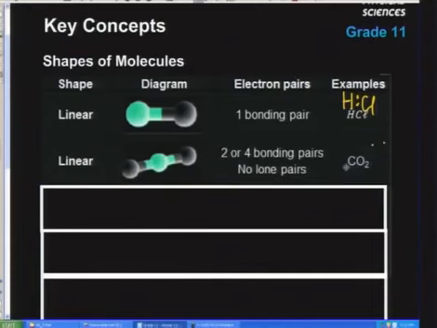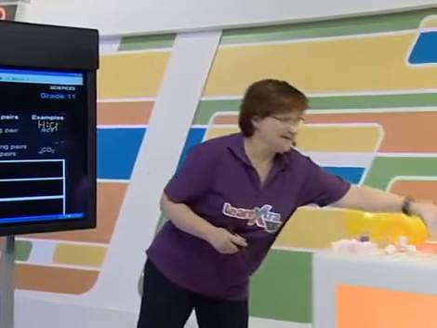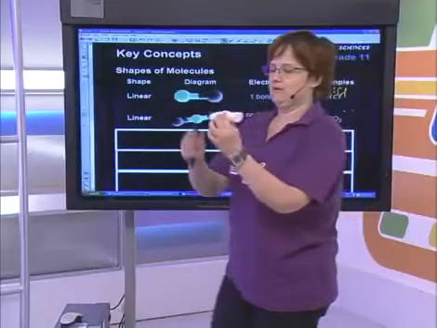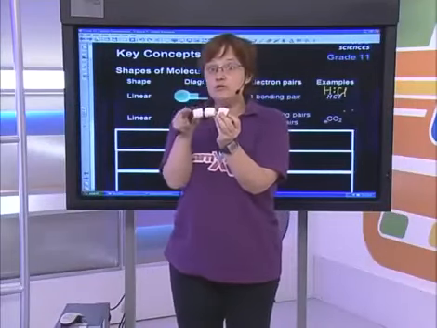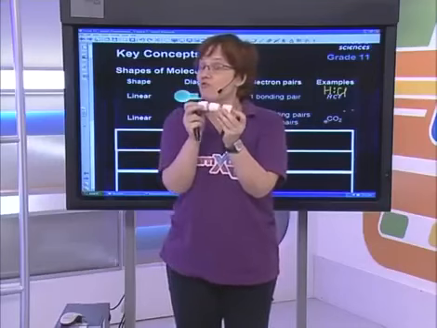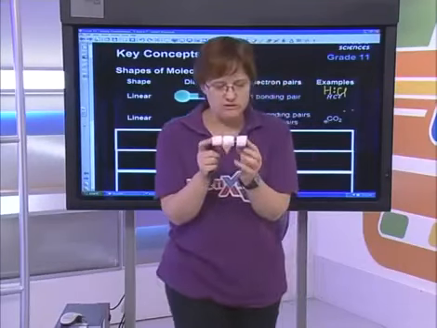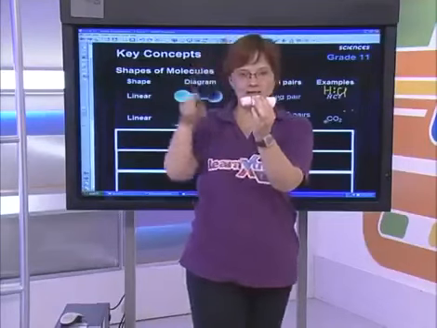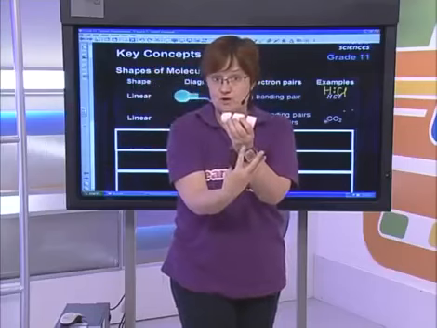Okay, when we get to 4 bonding pairs, now we get another linear shape, which I couldn't actually make with my balloons, but I did with the marshmallows, okay? So this is carbon dioxide. Now what happens is this is also linear. I have got 3 atoms now. There is an option, it doesn't have to be a straight line. It all depends on the arrangement of the electrons, okay?